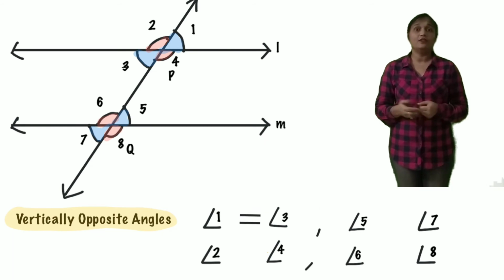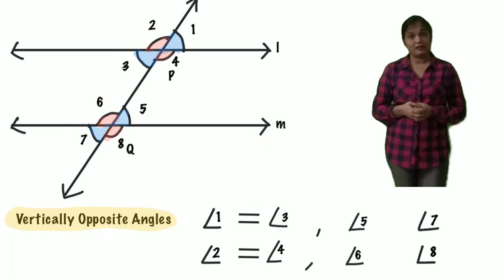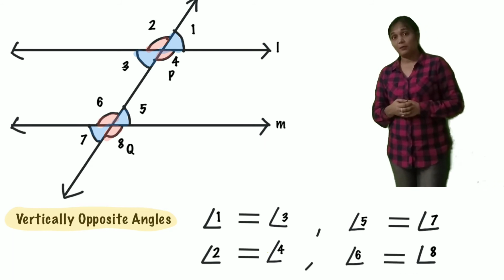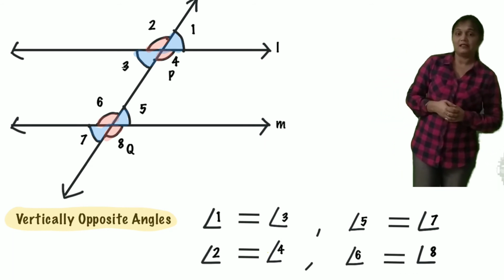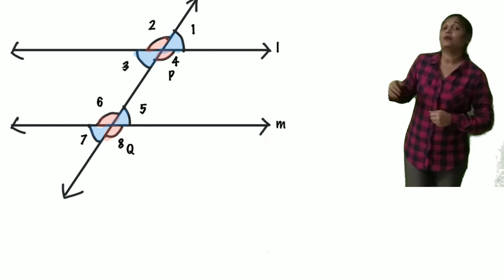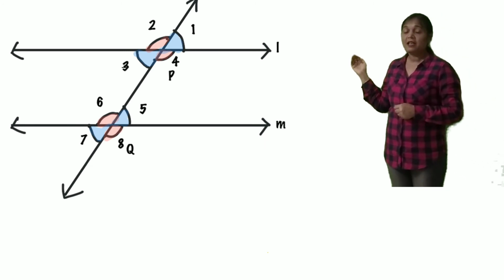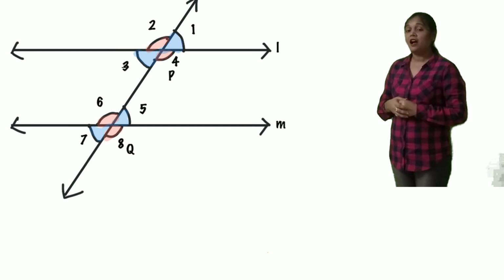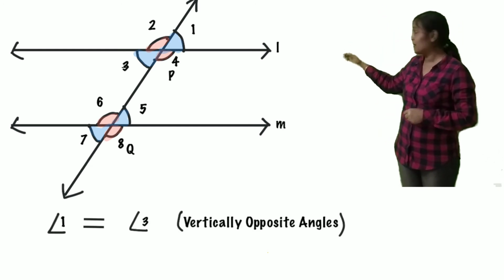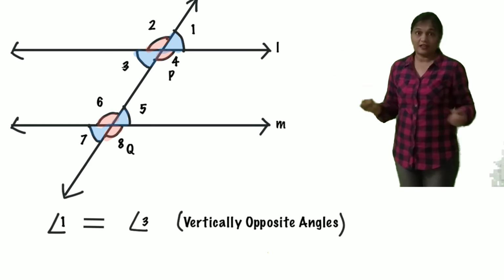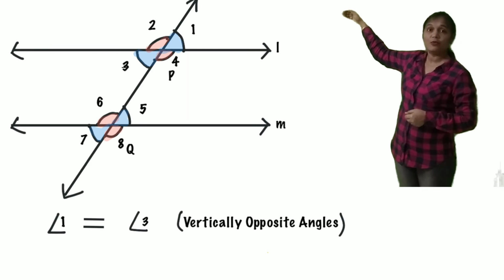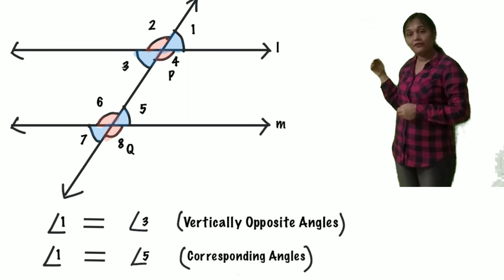Now, as we have learnt about the different types of angles, I am going to tell you the beauty of these angles. Angle 1 is equal to angle 3. Why? Because they are vertically opposite angles. Angle 1 is equal to angle 5, corresponding angles. Angle 3 is equal to angle 5.